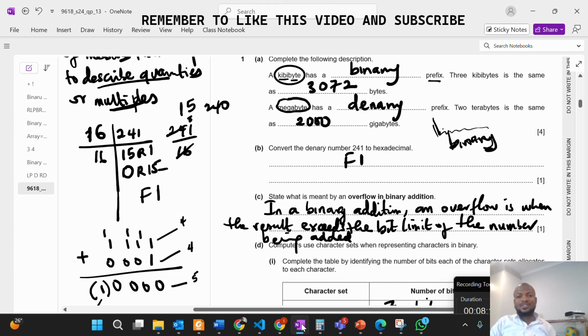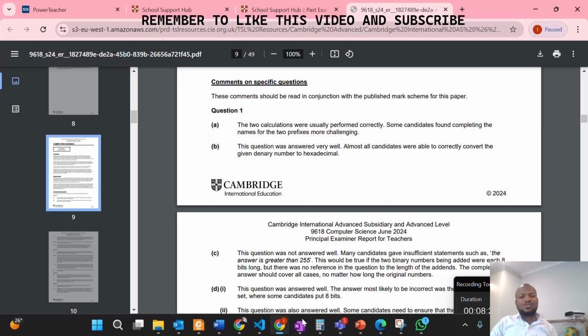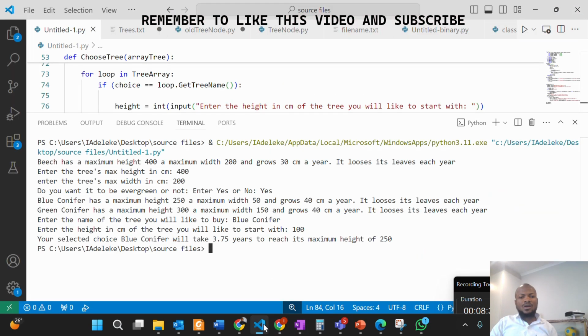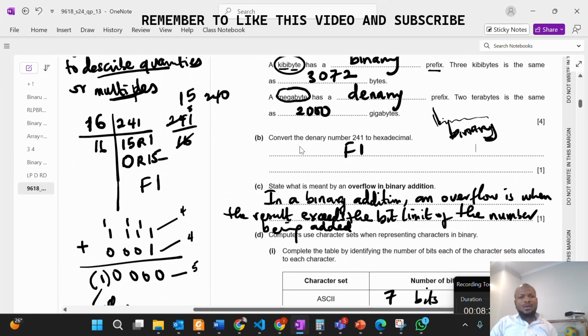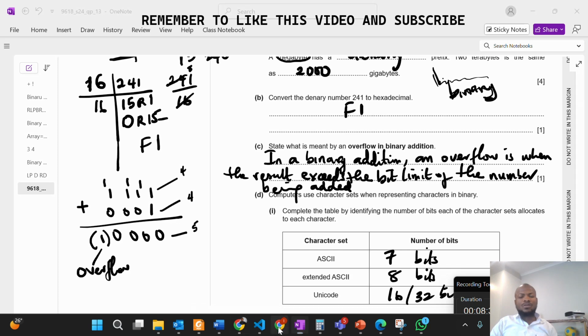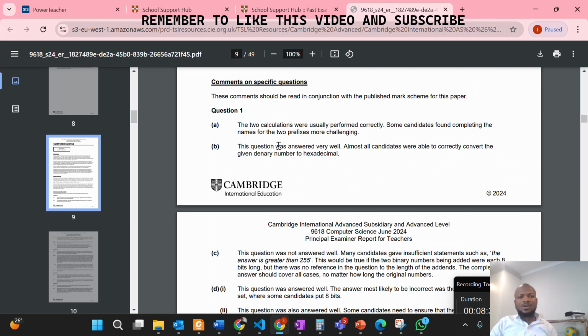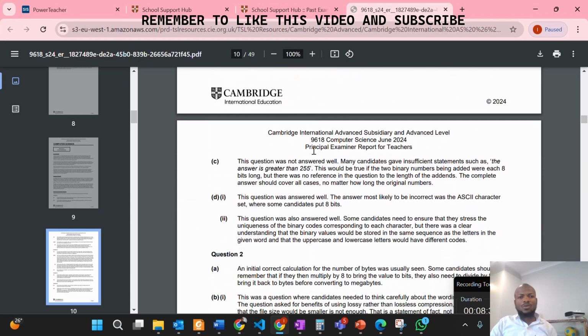They think that prefix means the first word before the actual word, right? Which is wrong. This is what the report is saying. This question was answered very well for question 1B. For question 1B, to convert to hexadecimal, most candidates answered them very well.